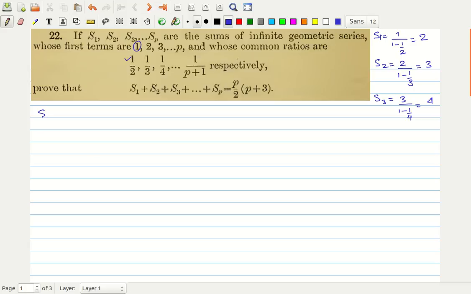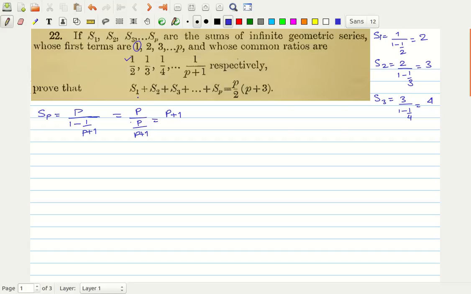What is Sp going to be? Sp is simply p divided by 1 minus 1 divided by p plus 1, because it is the sum of an infinite geometric progression with the first term as p and the common ratio as 1 by p plus 1. So what you get is p divided by p by p plus 1, and this will be equal to p plus 1.